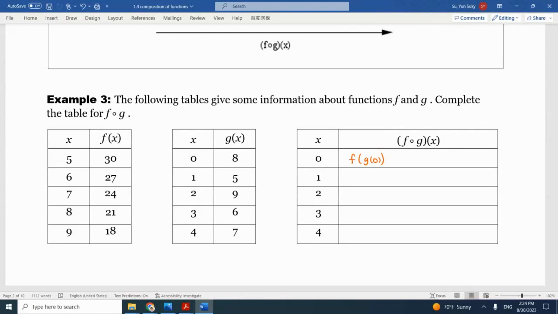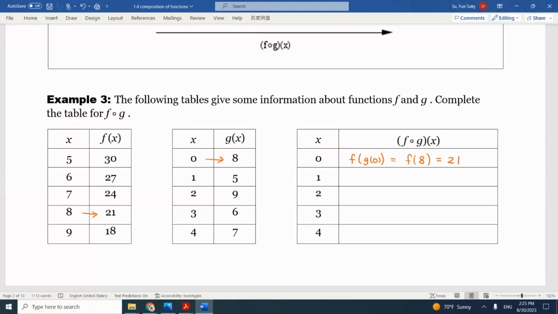What is G of 0? 8. Yes, G of 0 is 8. So the inside is 8, and then we have F of 8. What's F of 8? 21. Very good. So we look at the table and figure out X maps to 8 for G, and then F maps the 8 to 21.